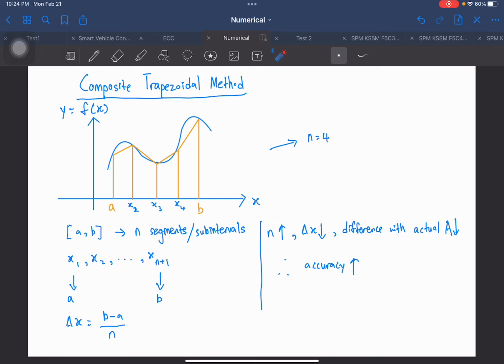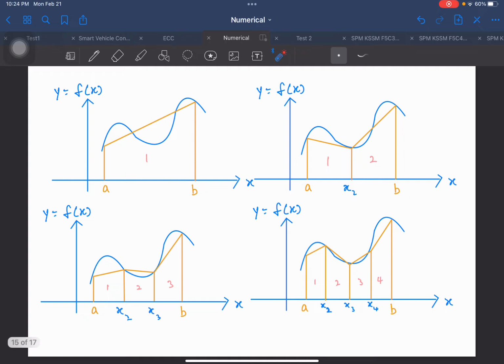As you can see here, this is n equals 1, which we did yesterday, and n equals 2, 3, 4. You can see that when n increases, the length of delta x decreases. So what happens when delta x decreases?